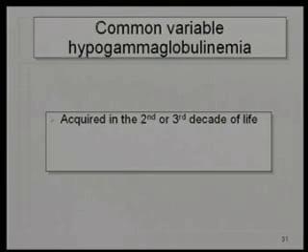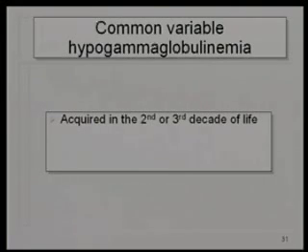Then there is acquired hypogammaglobulinemia, also referred to as common variable hypogammaglobulinemia. And again, for unknown reasons, certain individuals are genetically such that during the second and the third decade of their life, suddenly they stop producing immunoglobulins.